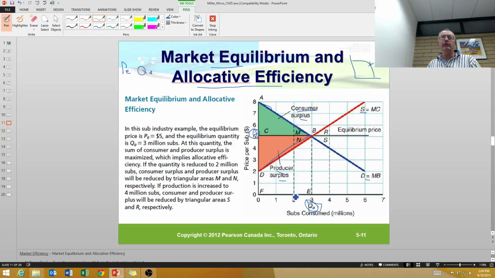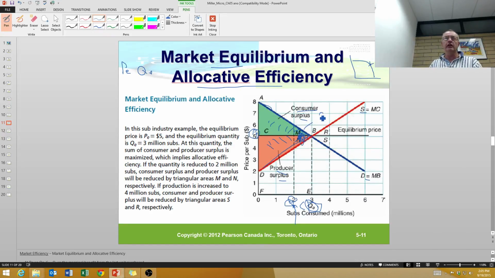And if the quantity in the market was less than the equilibrium quantity, then the consumer surplus is going to be smaller than this big triangle. We're going to lose this little section here. If the economy only produced 2 units, then the consumer surplus is now this little section, and the producer surplus is only this little section, and this little section gets lost because we don't have any quantity there.